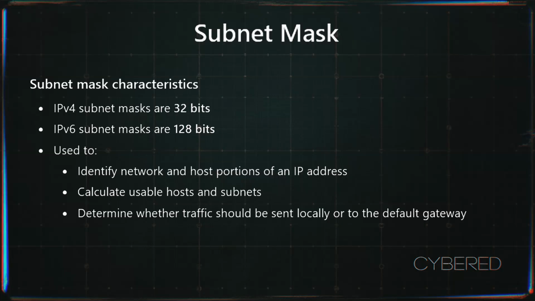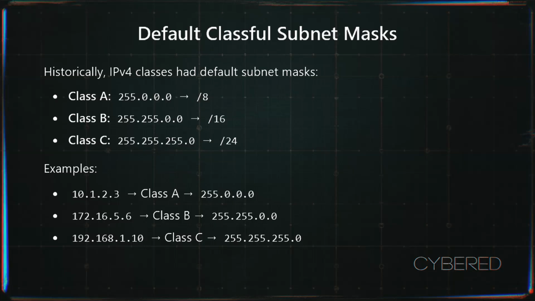These are used to identify network and host portions of an IP address, calculate usable hosts and subnets, and determine whether traffic should be sent locally or to the default gateway. Historically, IPv4 classes had default subnet masks: Class A, Class B, and Class C. Here are a few examples. In modern networks, custom subnet masks are commonly used, which is covered in the subnetting section.